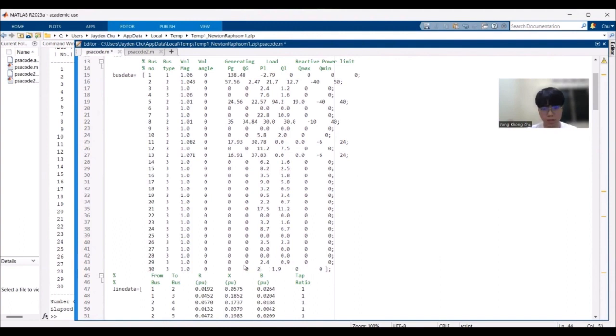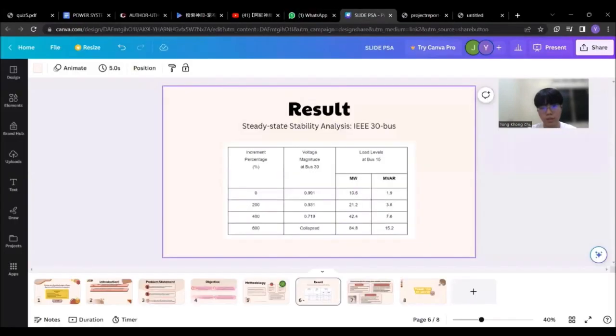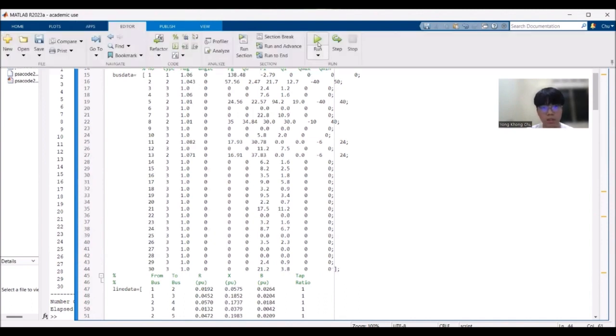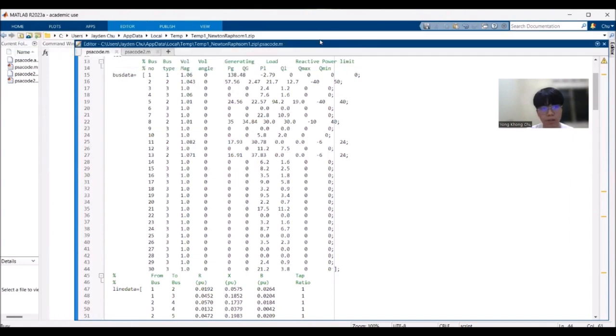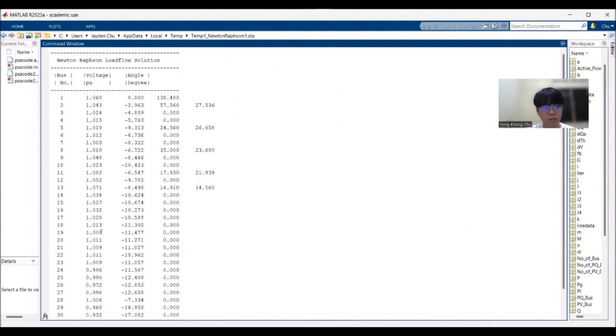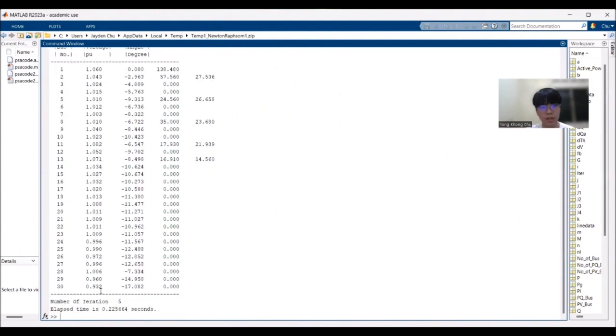So the power load will become 21.2, and the reactive power will be changed to 3.8. And we simulate in MATLAB again, and we get a voltage of 0.932 per unit.